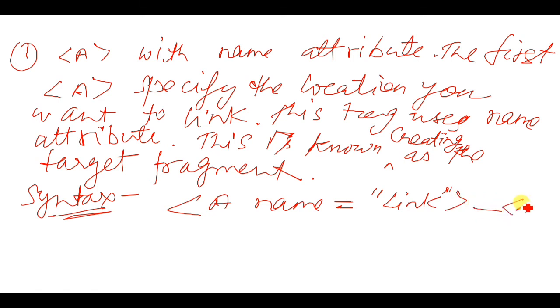So here, student, we have defined the name of the link, the name of the location, with the name link, whatever you can give. The value of the name you can give anything.